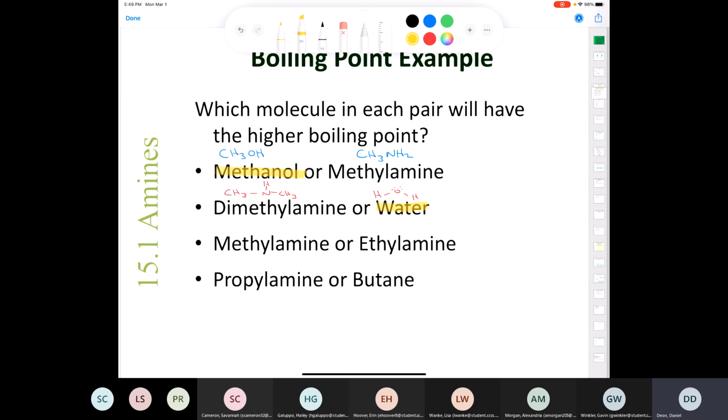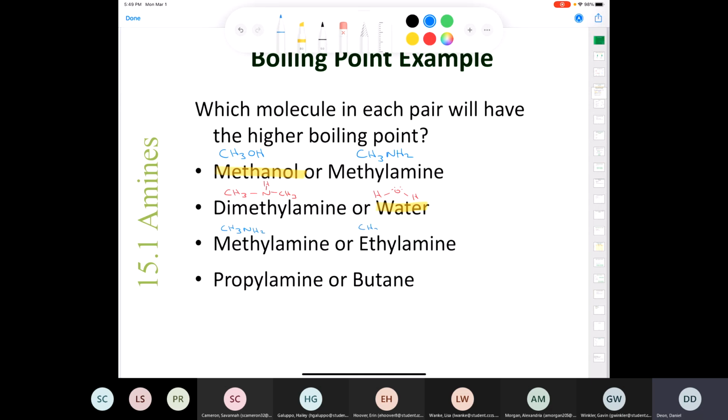And the hydrogen bonds are stronger, right? The oxygen-hydrogen bonds are stronger than the nitrogen-hydrogen bonds. The next one is methylamine or ethylamine. So methylamine would be this, CH3NH2, you know that by now.